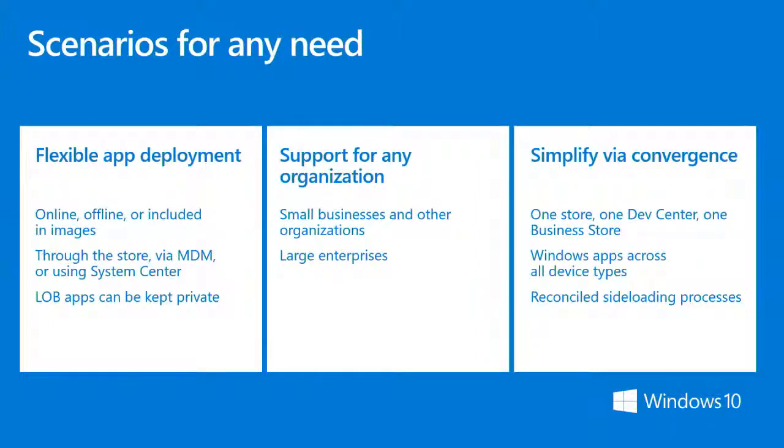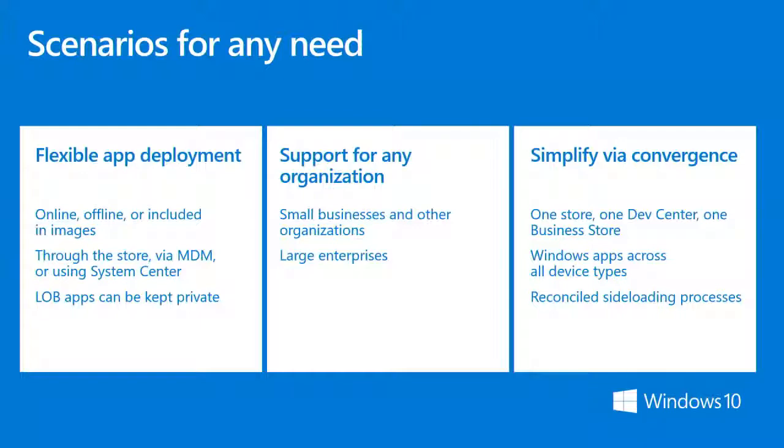So let's talk a little bit more about these scenarios. First, we want to be able to deploy apps in various different ways, like online simple. We want to be able to go out to the internet, grab an app, and install it. Offline, we want to be able to grab the app install files, download them to a machine on your corporate network, and then push them out yourself.